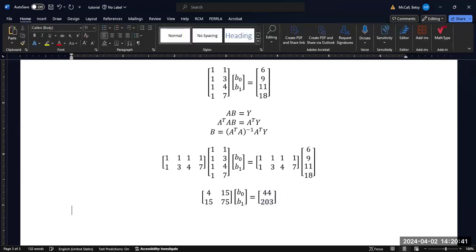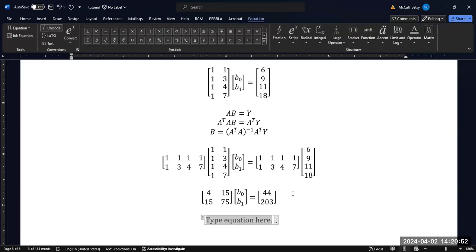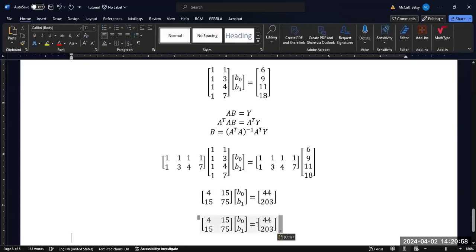Then we could either row reduce this as an augmented matrix, or we can multiply by the inverse. So if we multiply by the inverse, we're going to end up with essentially this equation.